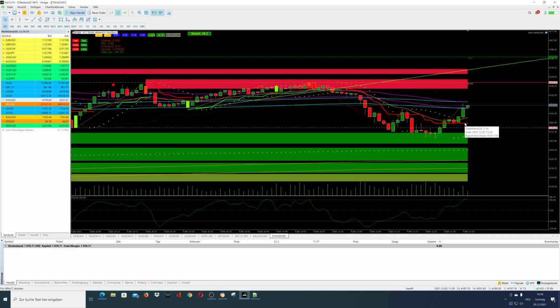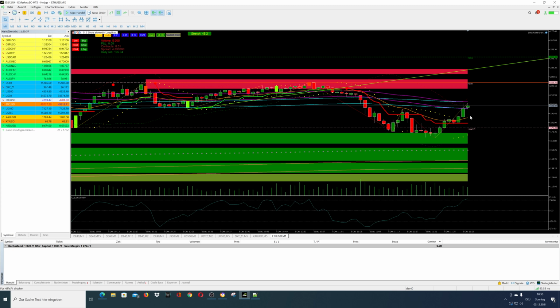It did not turn again, and maybe this moving average 8-9 is still a resistance. But here we have 3 green bars. We exit, and we still can enter again short when it goes down again.